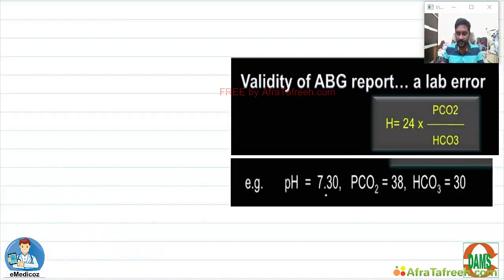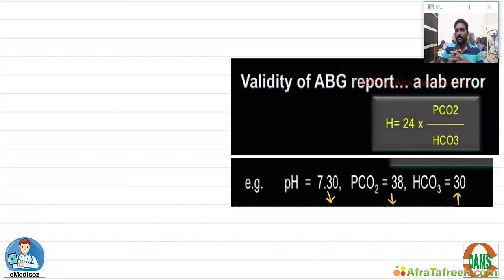If you see this ABG, pH has reduced, there is some acidosis, PaCO2 has decreased, and bicarbonate has increased. Whenever there is acidosis, either CO2 should be increasing or bicarbonate should be decreasing. Now, if you see this pH, it looks inconsistent. So most probably there must be an error in the machine.